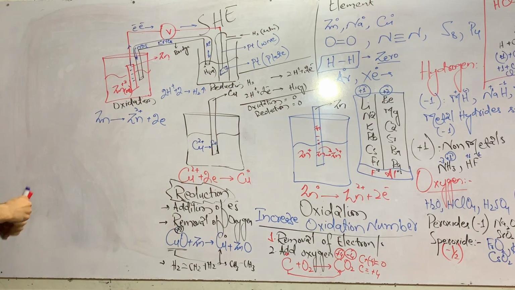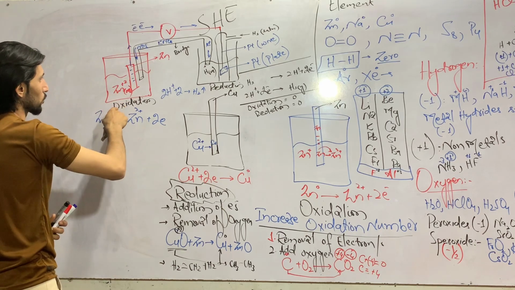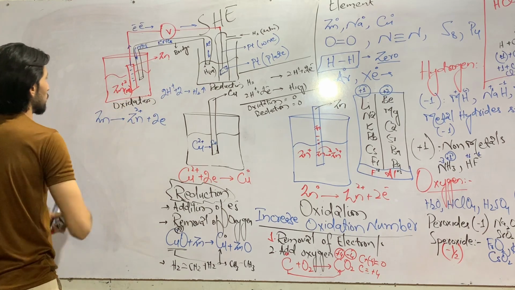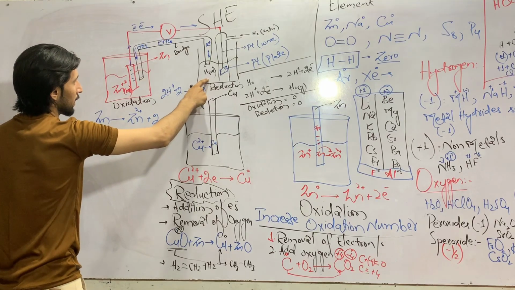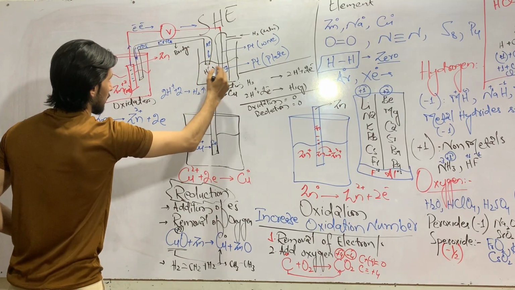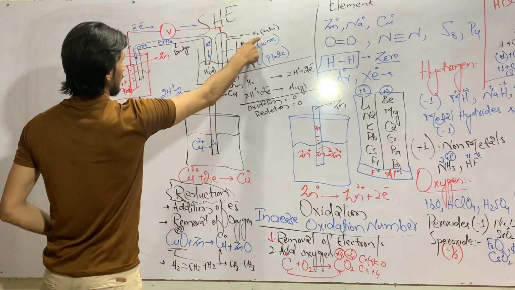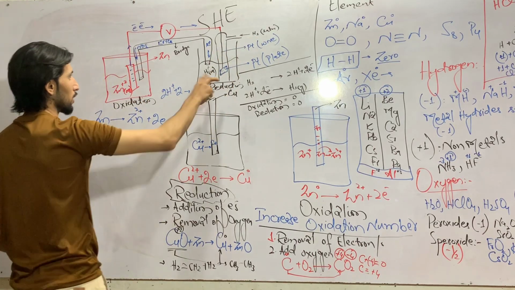So what happens when we pair up the zinc electrode with the hydrogen electrode at standard conditions? I have taken hydrogen ions 1 molar in the solution. I have taken 1 atm hydrogen gas coming over to this electrode.